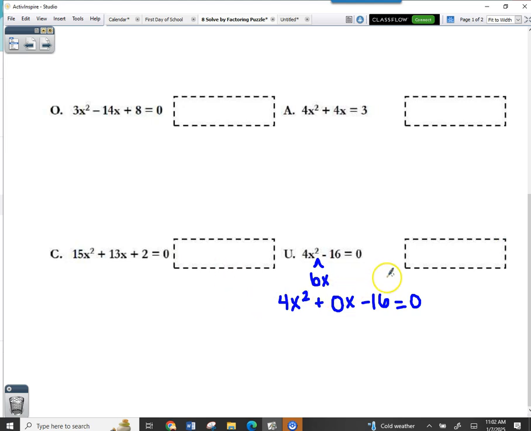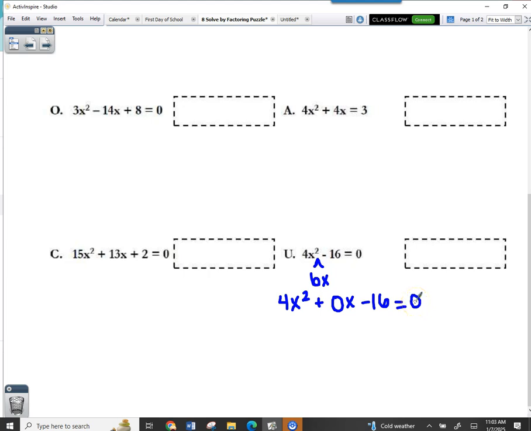We had examples like that before Christmas. So you still do it normal. 4 times negative 16, but you're going to get a very big number, which is your clue. The fact that it's this really big number. Somebody tell me 4 times 16. That's 40 plus 24, 64. So you've got to think of what multiplies to give me 64 but adds to give me 0.